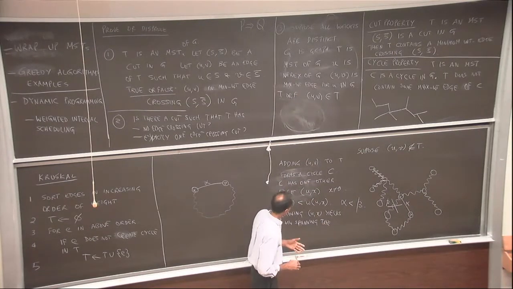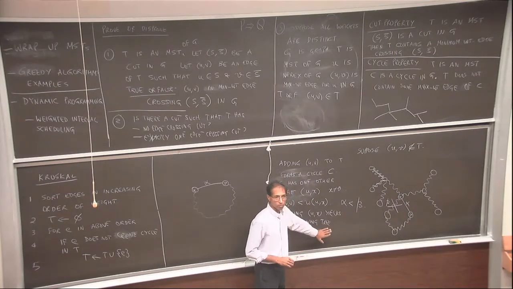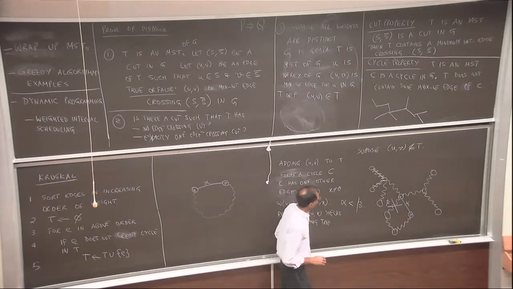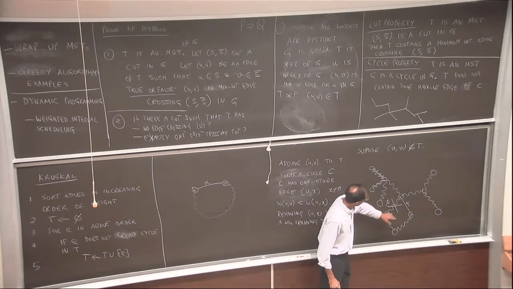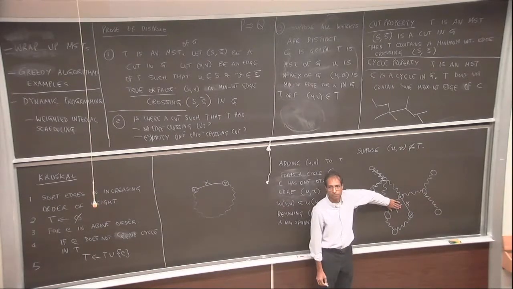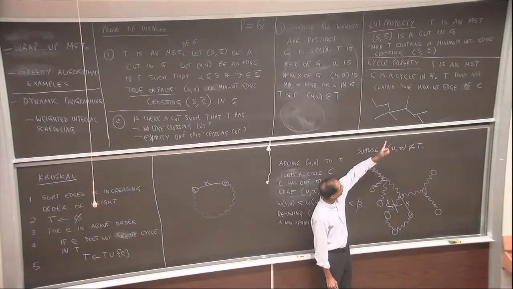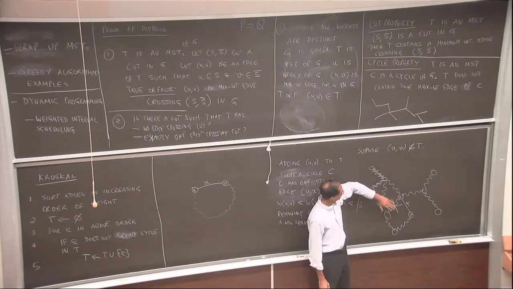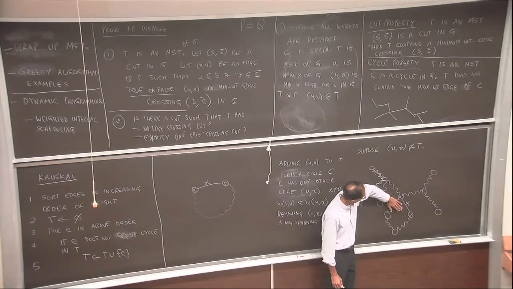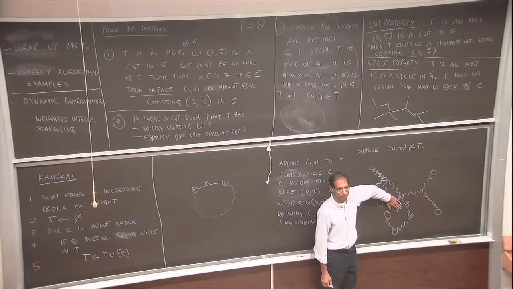So how do I prove, there is an implicit proof here. How do I prove that if I add UV and remove this, I still have a spanning tree? By the cycle. Sort of, not the cycle property, because the property is about the weight, not inclusion. How do I prove that if I add this and remove this, everything stays connected?